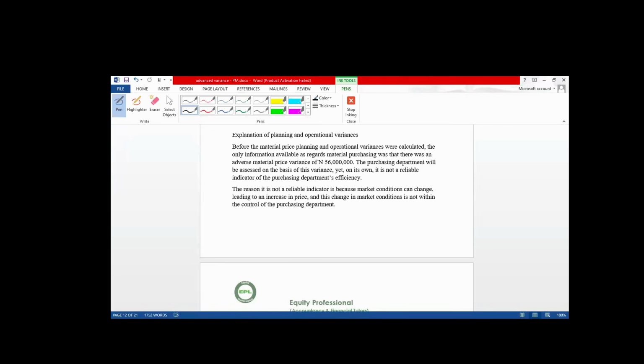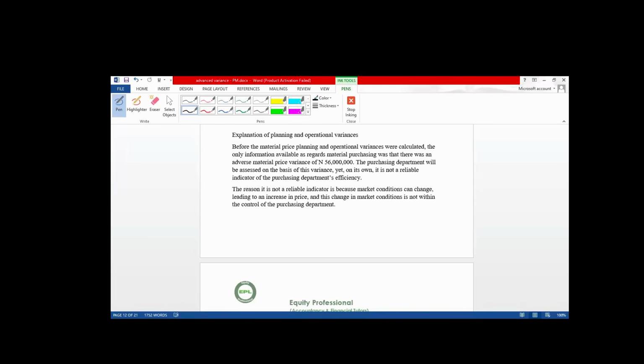Yet, on its own, it is not a reliable indicator of the purchasing department's efficiency, because market conditions can change, leading to an increase in price.